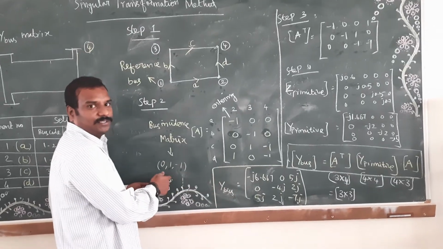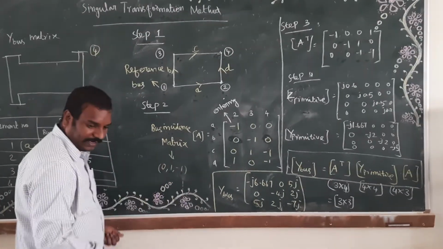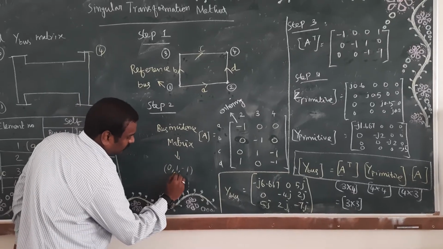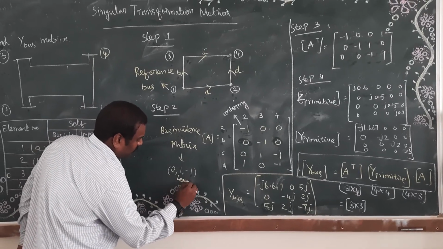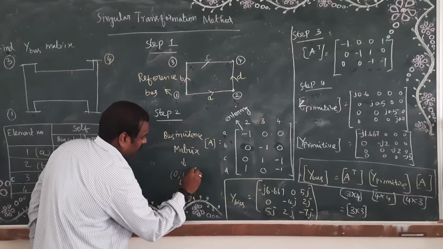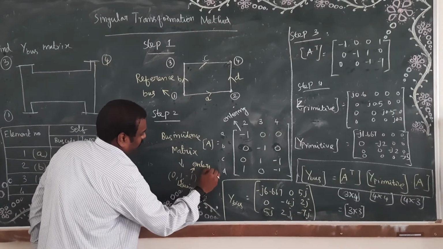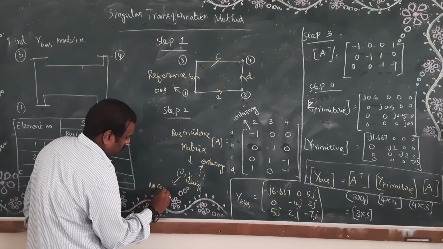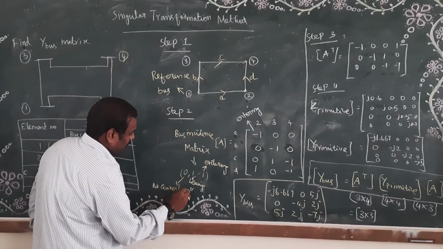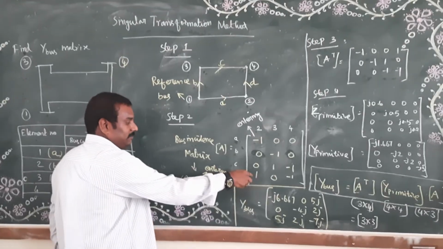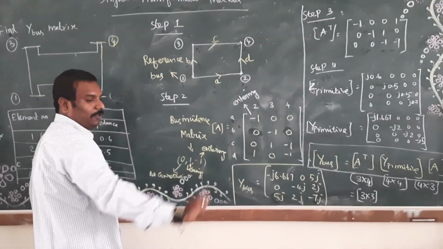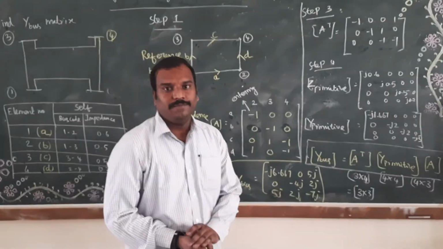So here itself we can write: leaving, entering, no connection. This is the important step. If you correctly form this matrix, A transpose will be correct, Y primitive will be correct, and the final Y bus matrix will be correct. Okay? Thank you.